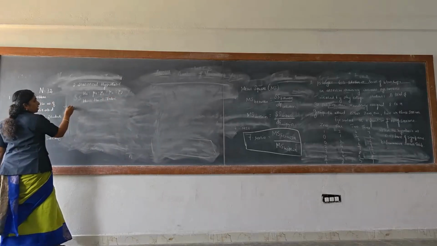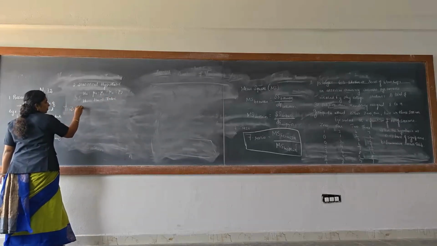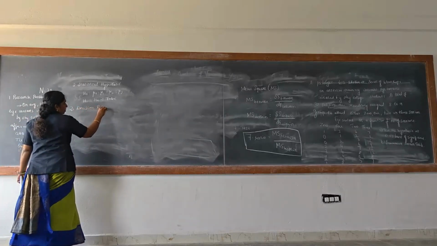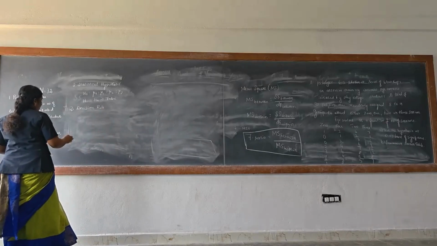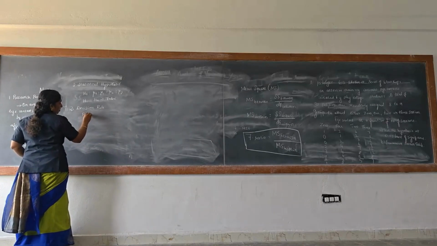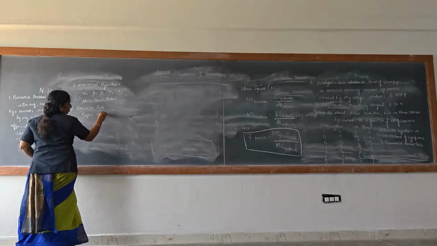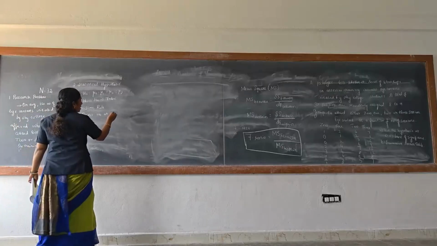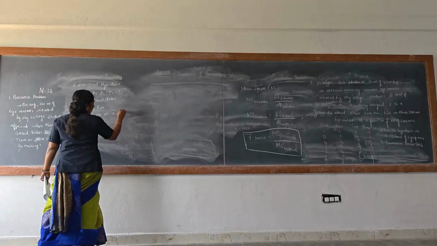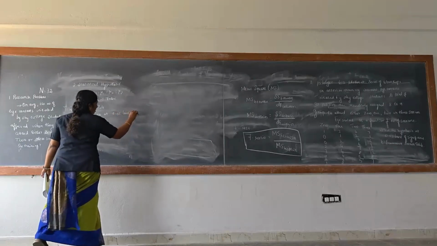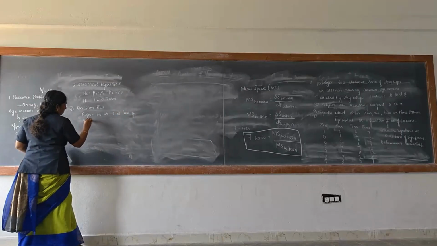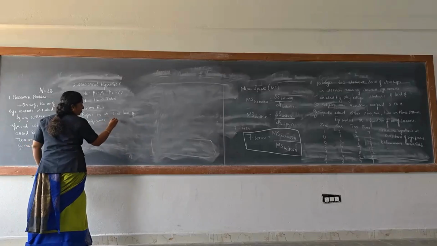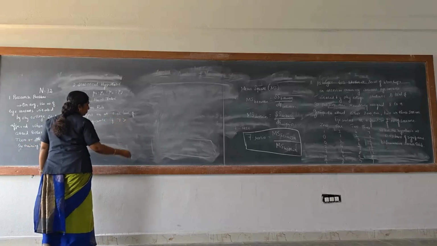And the next step is the decision rule. The decision rule can be written as: reject H0 at the 0.05 level of significance if the calculated F value is greater than or equal to the critical F value.